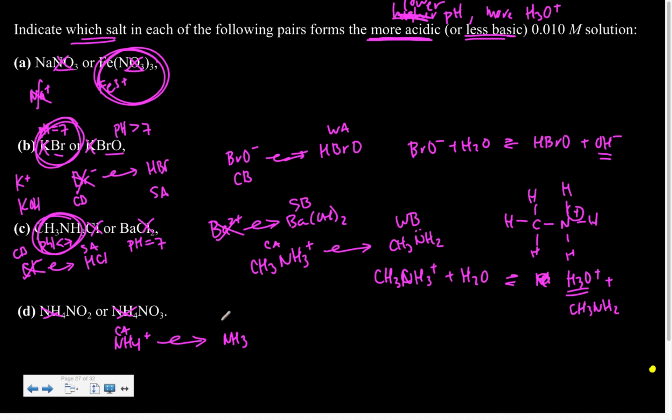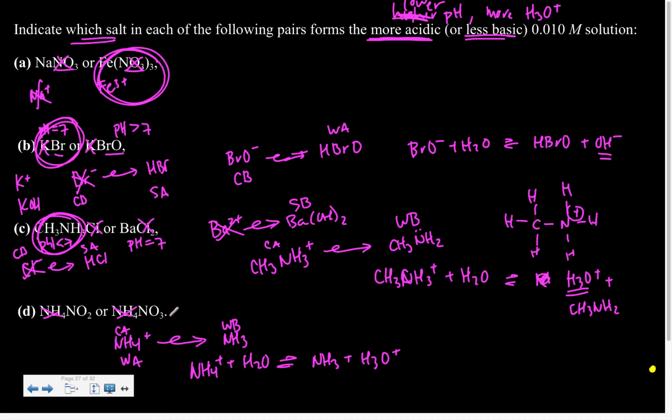This is a weak base, which means that NH4+ is also weakly acidic. This functions as a weak acid, which means that NH4+ in solution has the habit of forming NH3 and hydronium ion, which means that both of these are going to be a little bit acidic based on the NH4+. Yes?